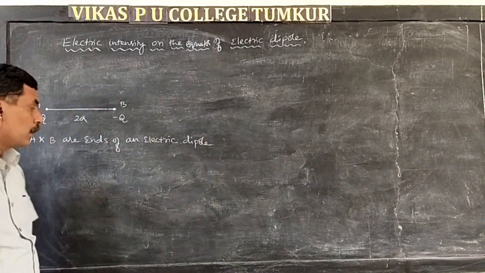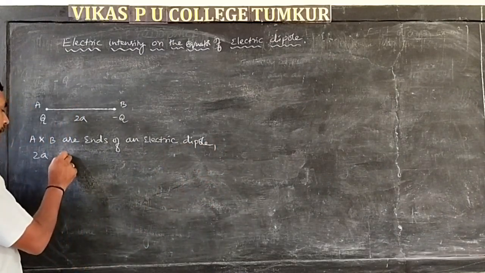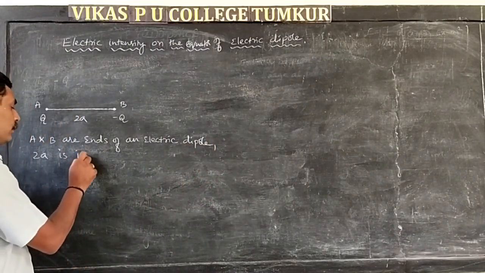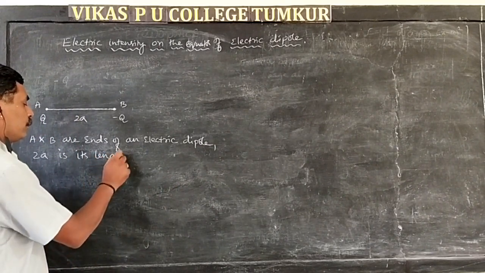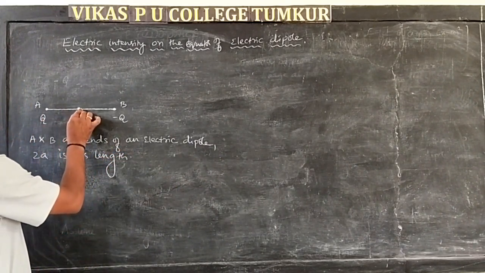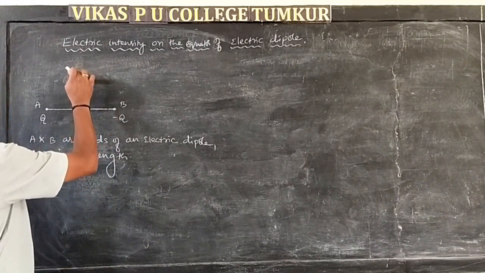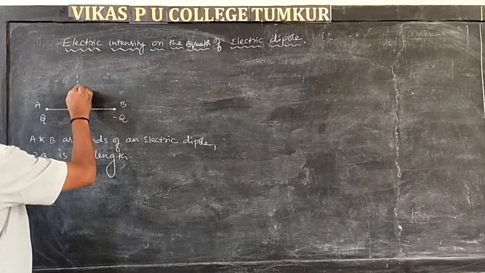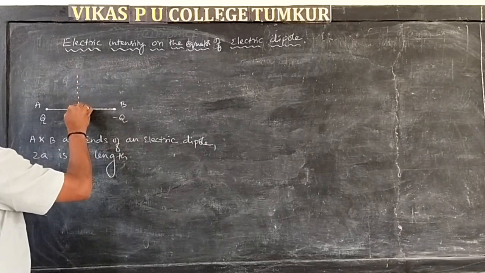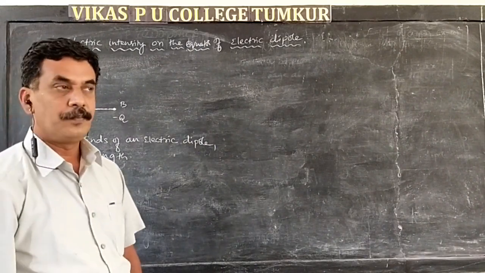Right. 2a is its length. Now O is its center, and you have a perpendicular bisector, and you all know that this perpendicular bisector will be called as the equator of the dipole.